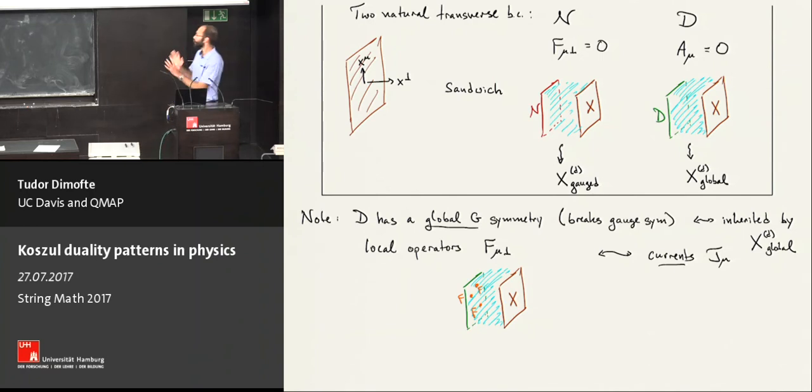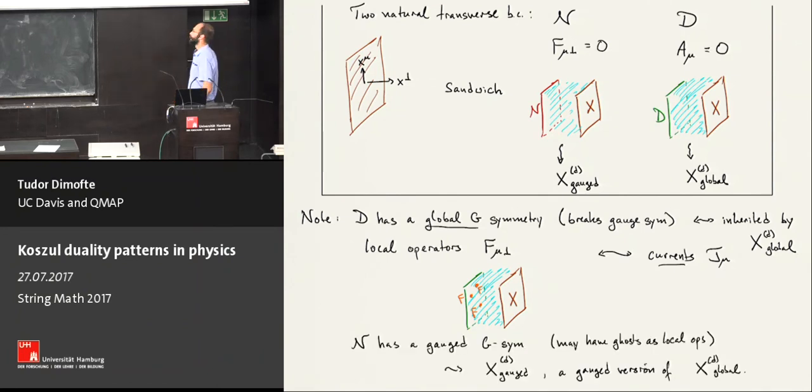So forming a sandwich with any other boundary condition leaves me with a d-dimensional theory that has a global G symmetry, and these Fs precisely map to the currents in the d-dimensional theory. So given that the Dirichlet sandwich gives me something with global symmetry, the Neumann sandwich gives me the same thing, but with the symmetry gauged.